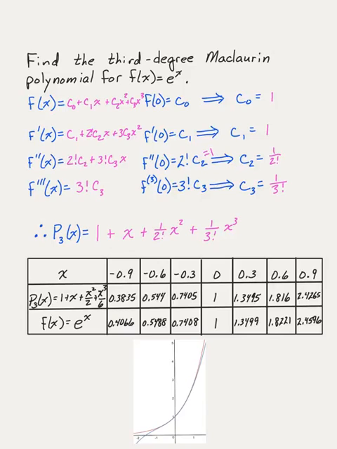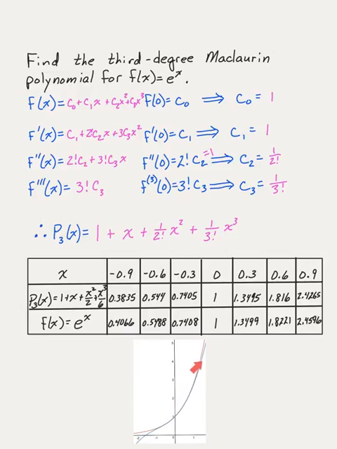All right. And down here we can take a look at how this polynomial compares to the actual function e to the x. Here, e to the x, that is the red graph, and the polynomial, the Taylor polynomial, is your blue graph.